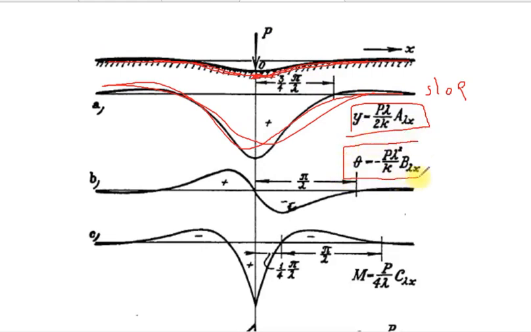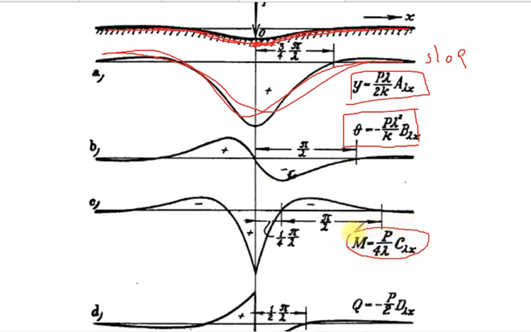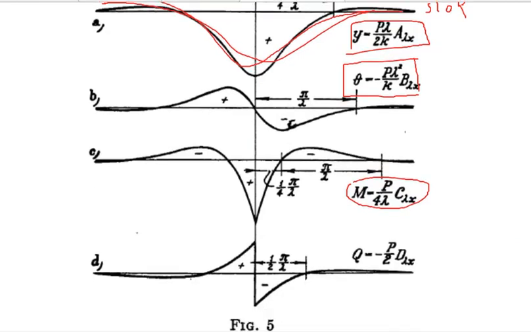The equation of slope, we can use it to get the slope, and also the moments. We can use, for example, Excel to draw these figures by using this equation with different values of x. For different values of x, we can get C lambda x, B lambda x, A lambda x, and we can assume P any value.